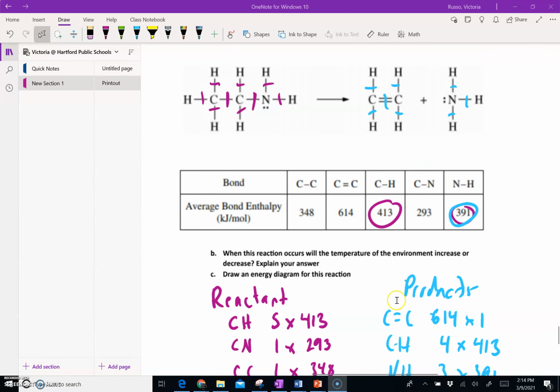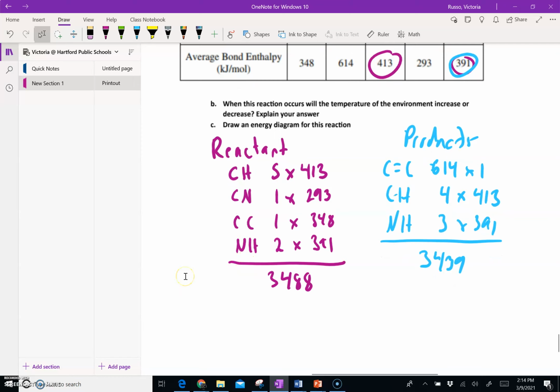So, because the reactants stay positive, whatever you got for the products becomes negative, and then you simply add them together. When I added them together, I got delta H equal to negative 49 kilojoules per mole.